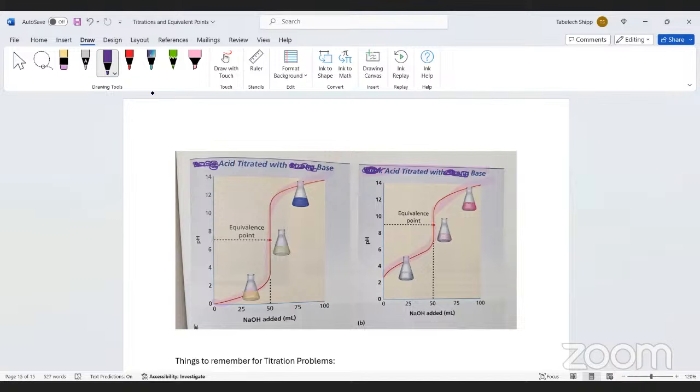If I blank those out, what type of acid is being titrated with what type of base? Strong or weak? So when you have things of this nature, your teachers will want to make sure that you're able to interpret graphs. Graphs are the way of the world when it comes to your math and science classes, analyzing data.